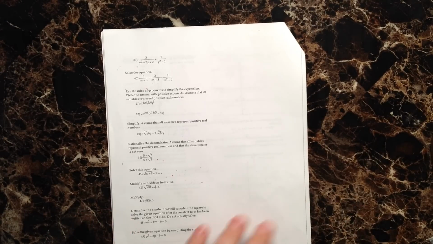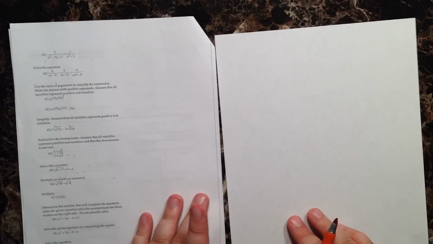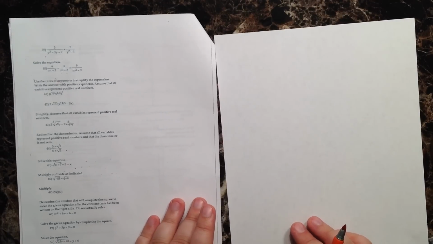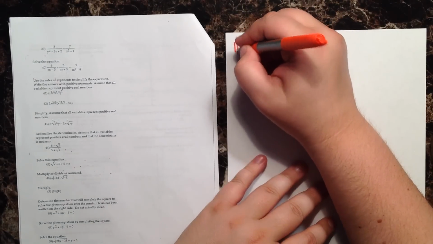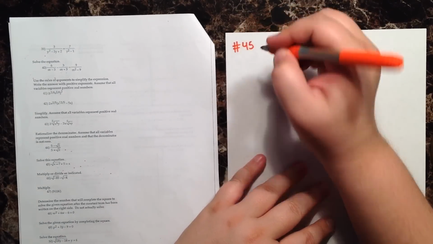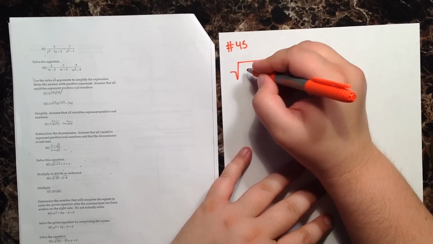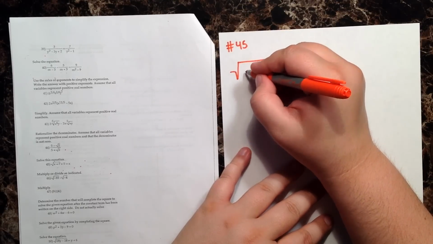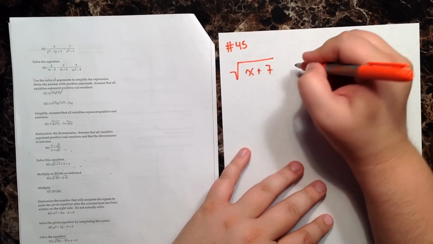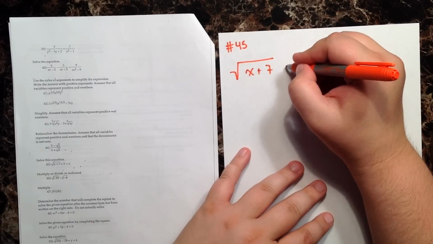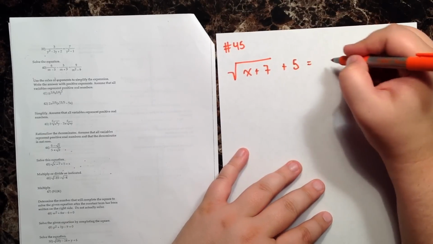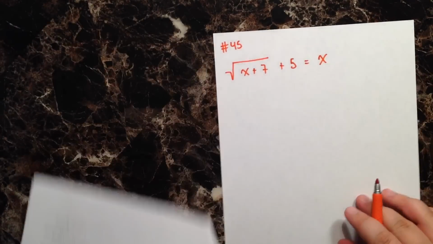Let's get to it. The directions for number 45 are simply to solve this equation. The equation is the square root of x plus 7, plus 5, equals x.